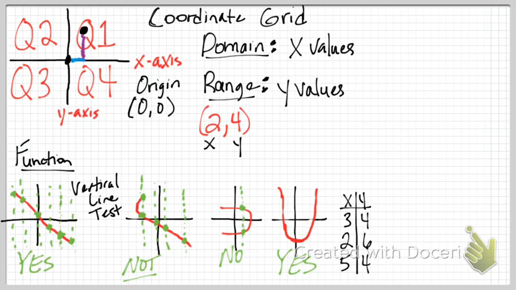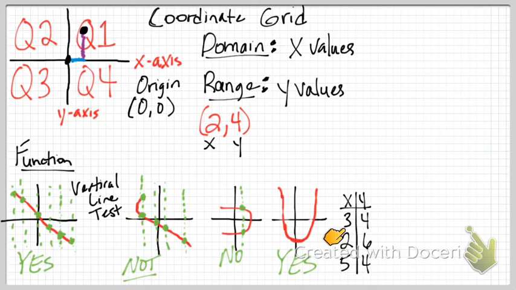Now, the next way to determine if it is a function or not is to look at the coordinates. The only thing you need to look at is the x values. Okay? That's it. If there are not multiple x values, then it is considered a function. So let's look at this. Looks like I have a 3, a 2, and a 5.